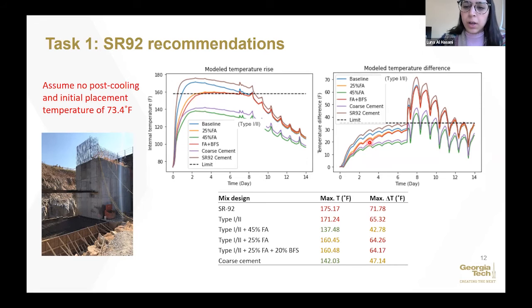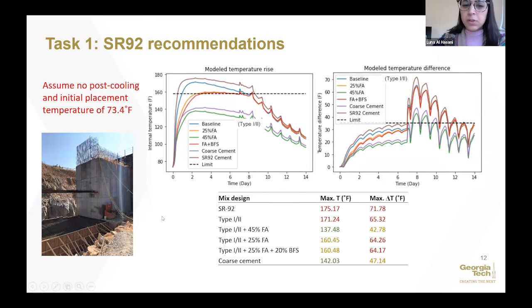And also all of the mixes satisfy the maximum temperature differential limit up until around 7 days, which is the time of removal of insulation and formwork. And after that, there's a spike in the temperatures. The lowest ones are the 45% fly ash replacement and the coarser type 2 cement.